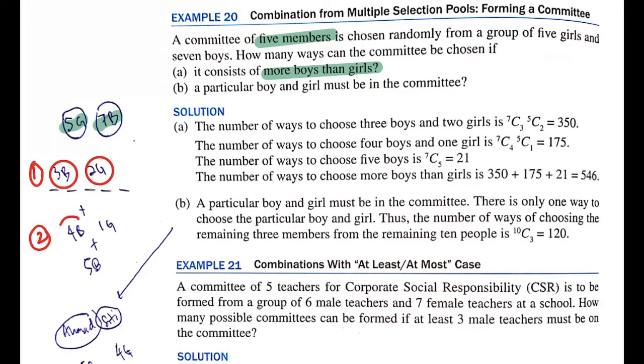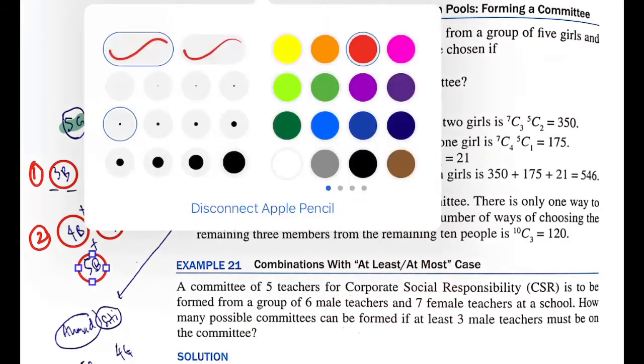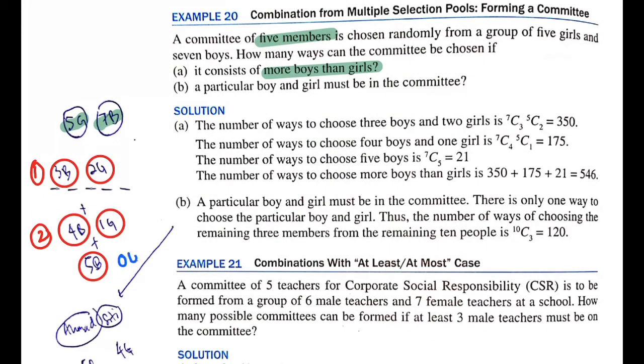The second case is 4 boys and 1 girl, so now boys are more than girls. The last one is 5 boys and 0 girls. So we have 3 cases that we will calculate.